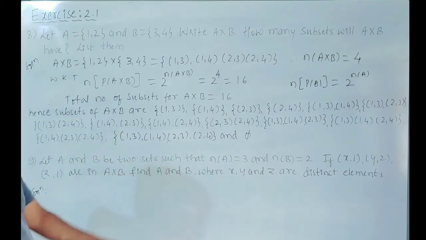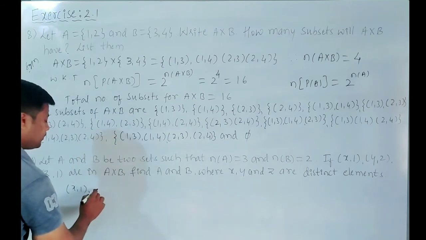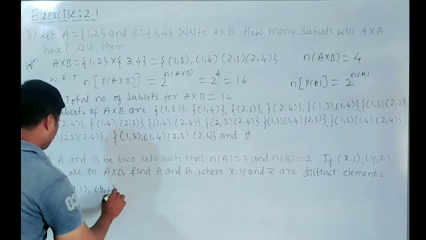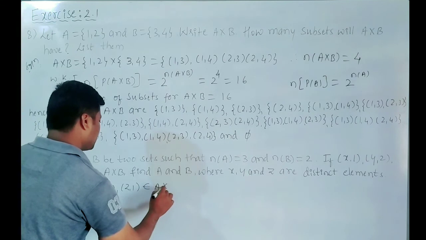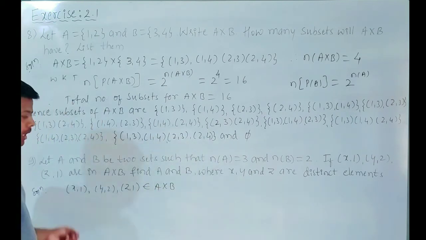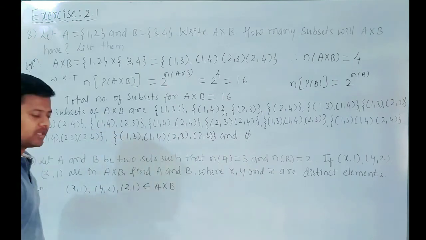They are given that (x, 1), (y, 2) and (z, 1) belong to A cross B. Already we know that in ordered pairs, first elements belong to the first set and second elements belong to the second set.